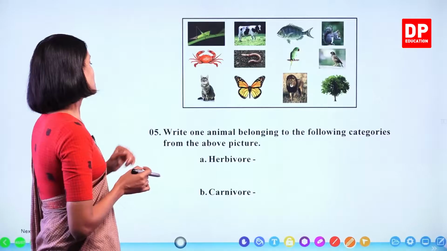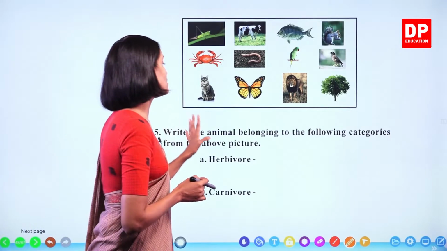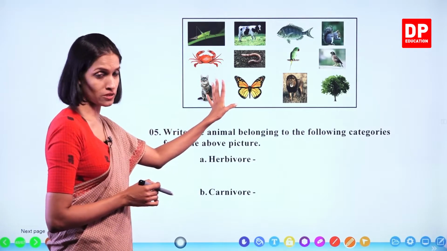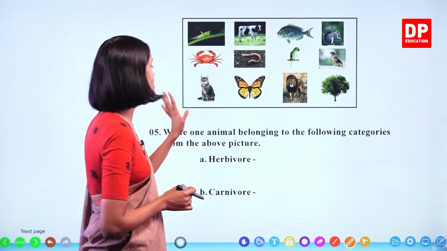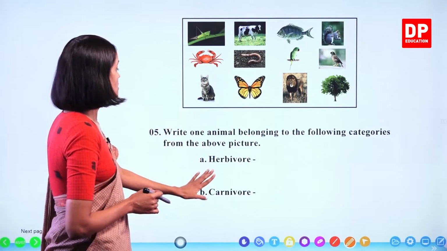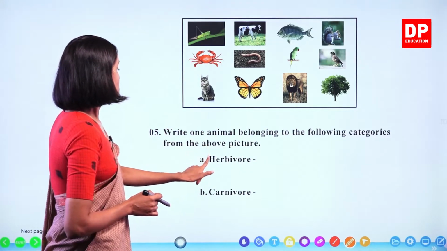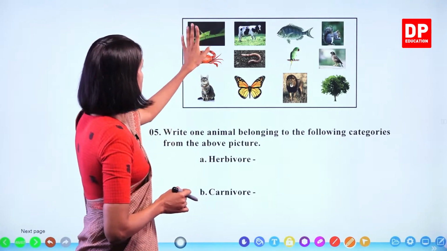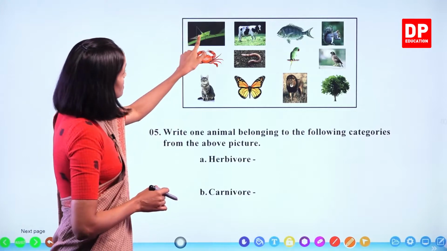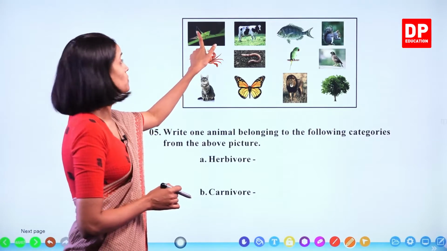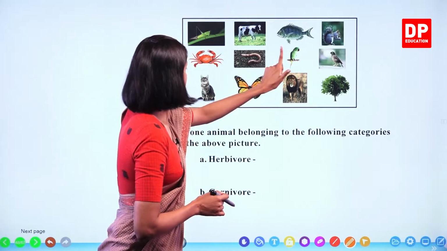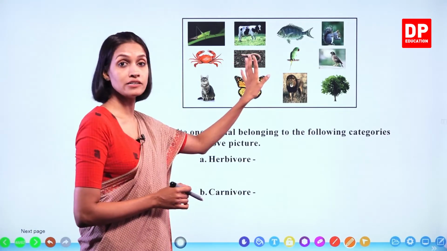Next one. Write 1 animal belonging to the following categories from the above picture. Herbivore. So there are different numbers of herbivores here. Grasshopper is a herbivore. Cow, squirrel, parrot, butterfly, they all are herbivores.